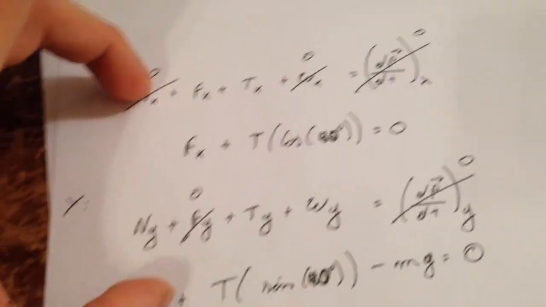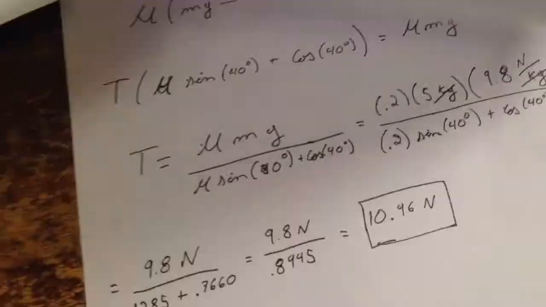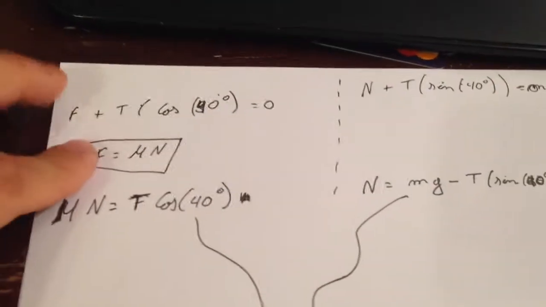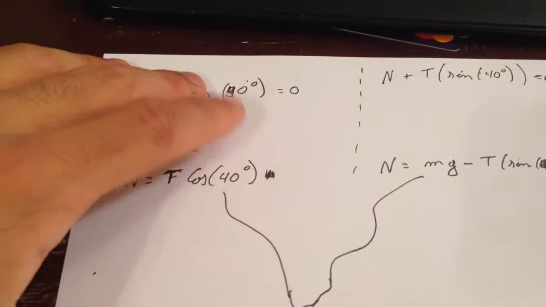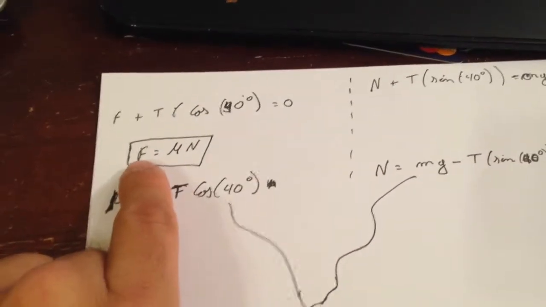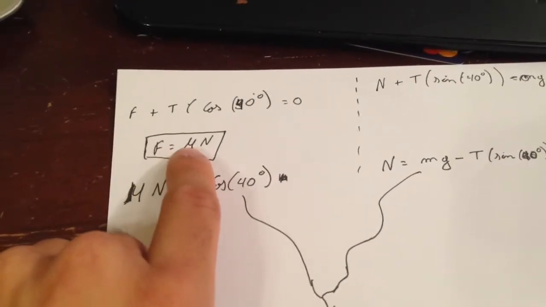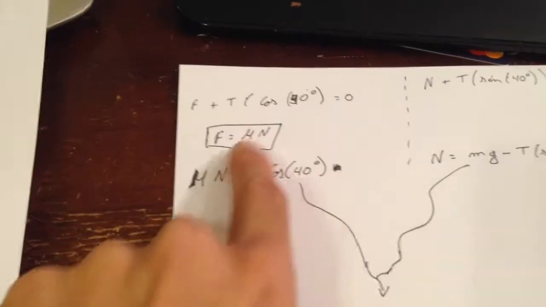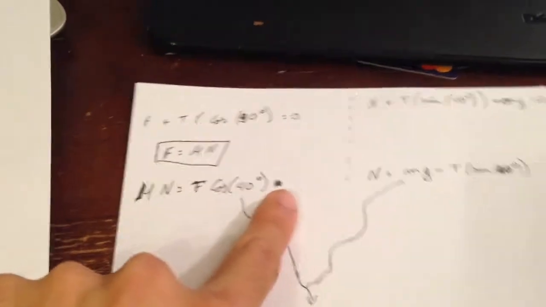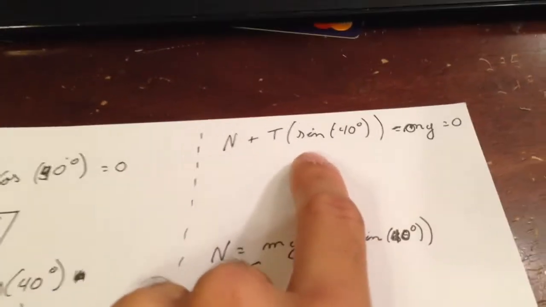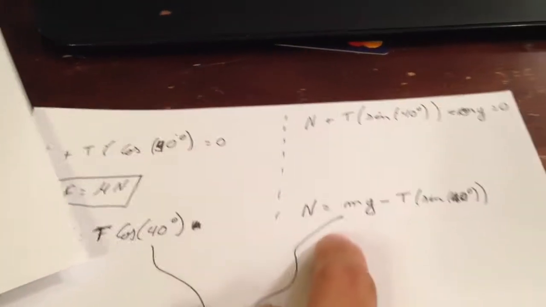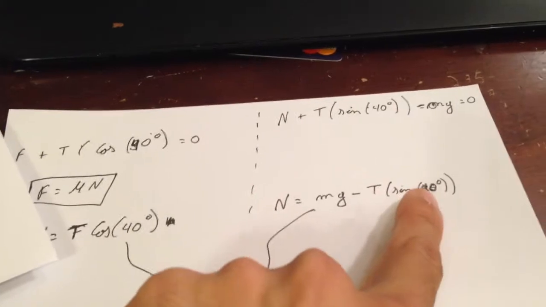Now let's regroup and put these two final equations together. For this part of the equation, friction force plus tension cosine of 40 equals 0. I know that the friction force equals the friction coefficient times N. And for this part of the equation, for the y, I'm solving for N. So N equals mg minus T sine 40.